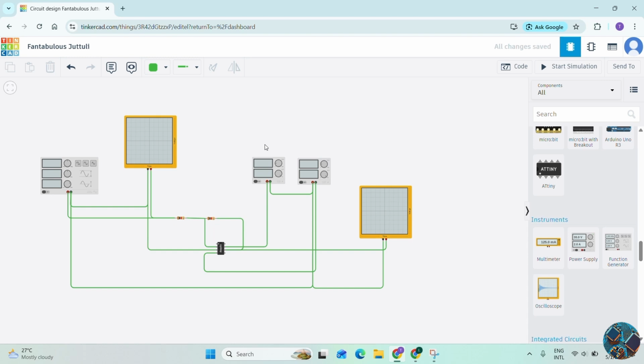Here this is the circuit. Then we have to set the values for the power supply, the signal generator, and the resistors.